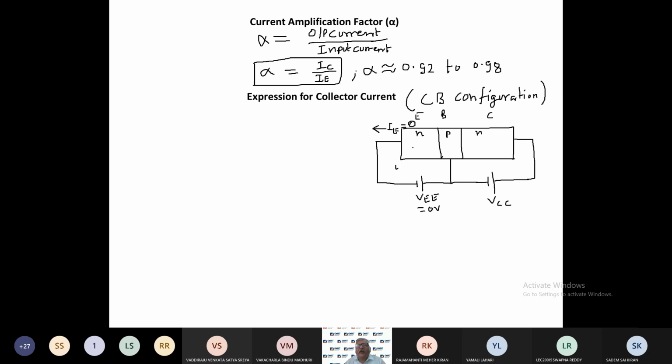No current is flowing in the emitter terminal. Now you just see base and collector, right? How are base and collector connected? I will show you only the base and collector here. This is base, this is collector, this is P, this is N. And how is this connected? This is connected in reverse bias.